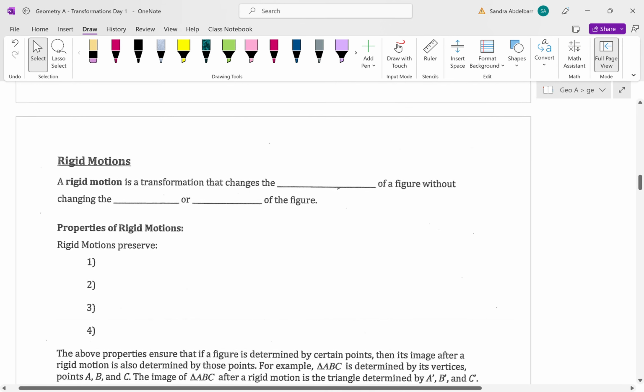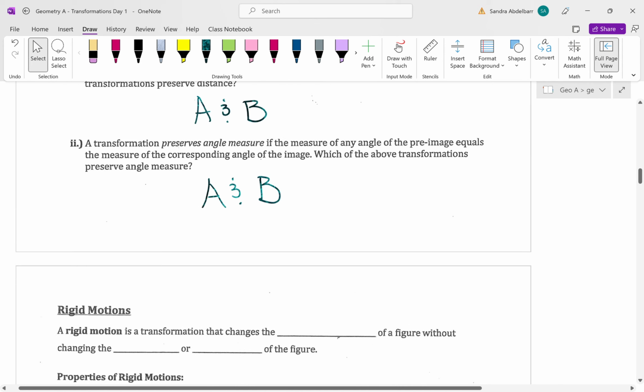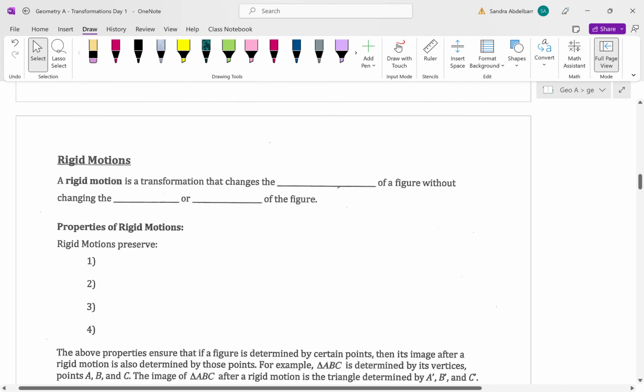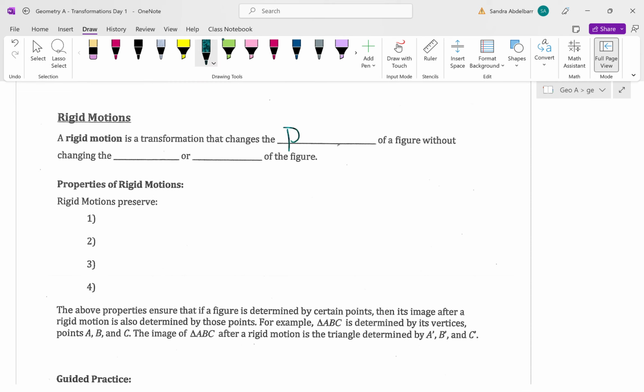All right, so now we're going to have something called rigid motion. A rigid motion is a transformation that changes the position of a figure without changing the size or shape of the figure.